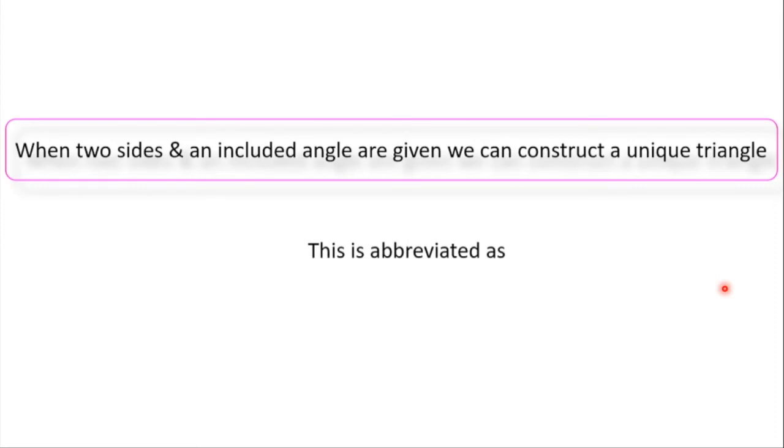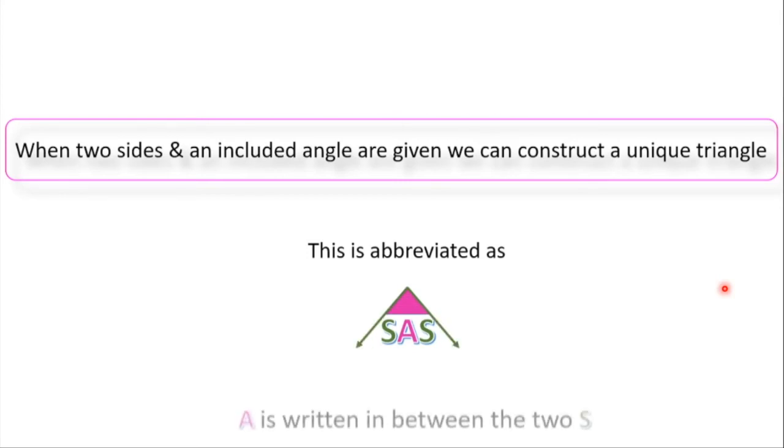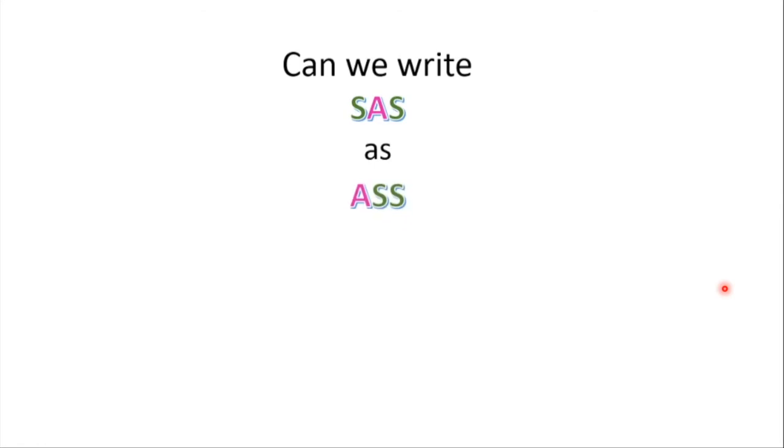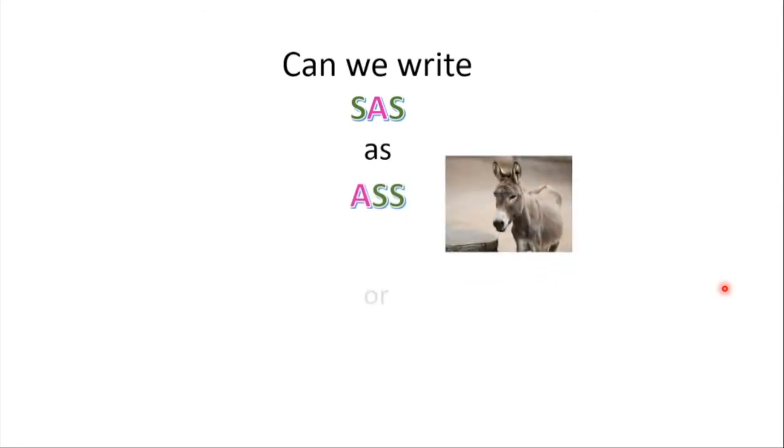So this is abbreviated as SAS. Please observe that the angle is written in between the two sides, saying that the angle is an included angle only. So can we write this SAS as ASS, or can we write this as SSA, friends?